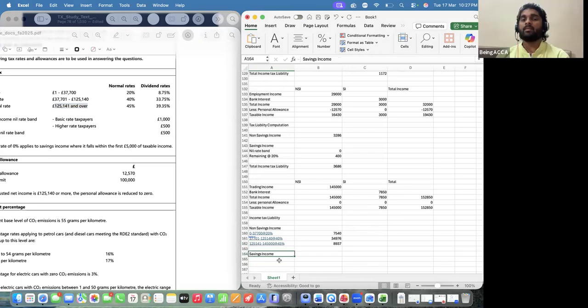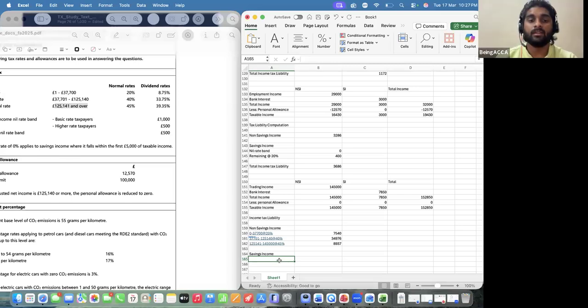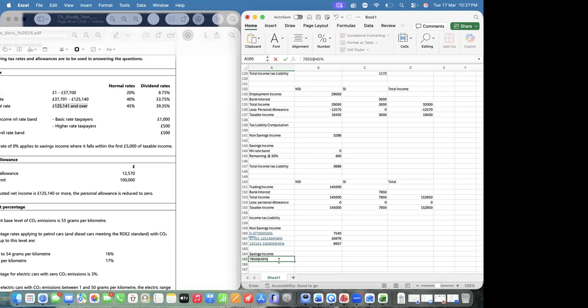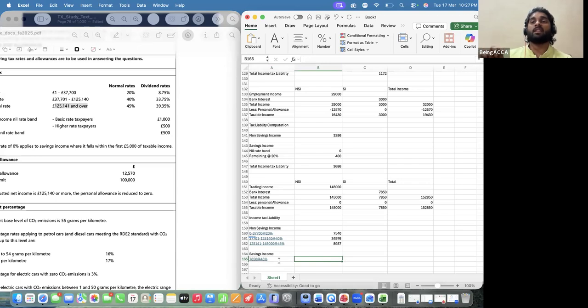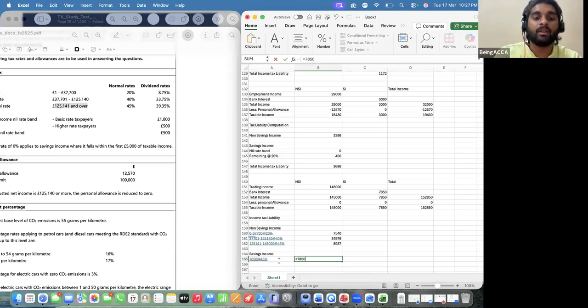Now, do we have any nil rate band? No. So savings income of 7,850 would be taxed at 45%. Similar to personal allowance, once the rate bands are utilized by non-savings income, savings income and dividend income follow behind that. 7,850 times 45% gives 3,532.